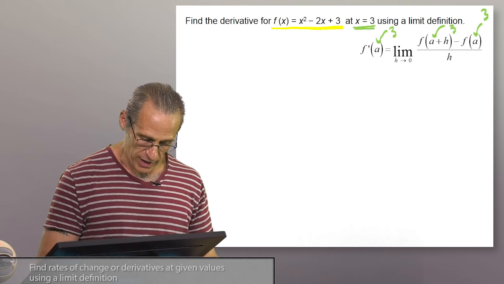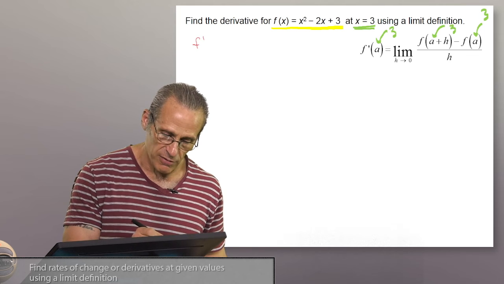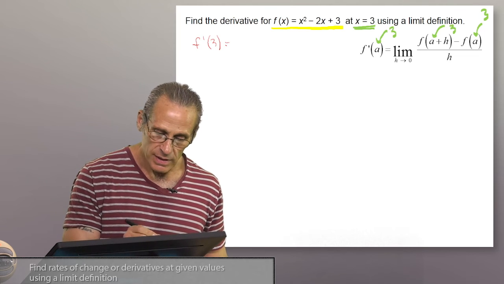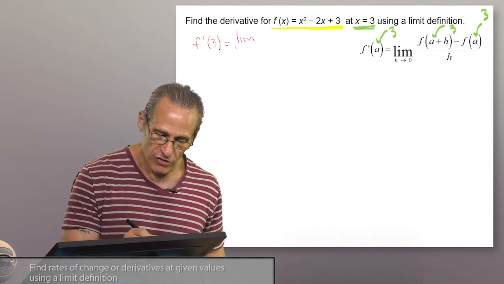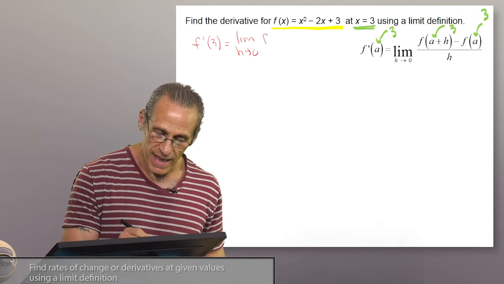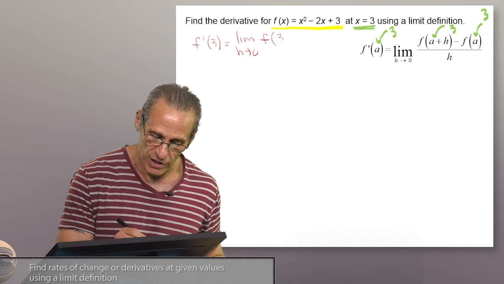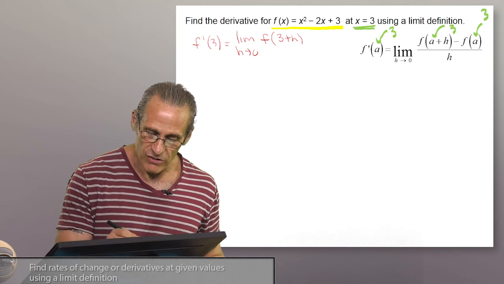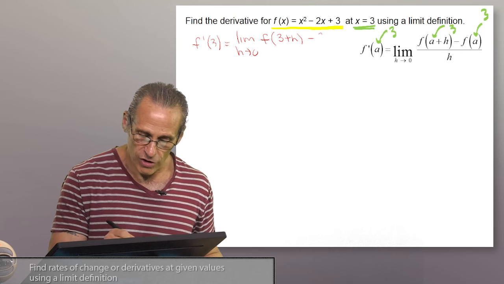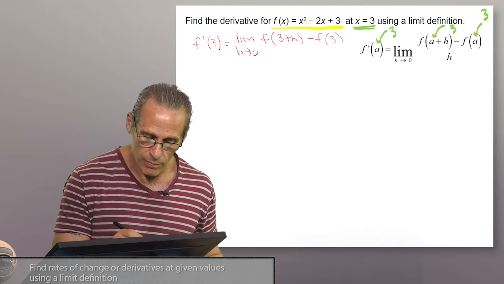So let's go ahead and do this. I'm going to write down my derivative at 3 is equal to the limit as h goes to 0 of f of a plus h, and a is 3, f of 3 plus h, minus f of a, again a is 3, minus f of 3, over h.